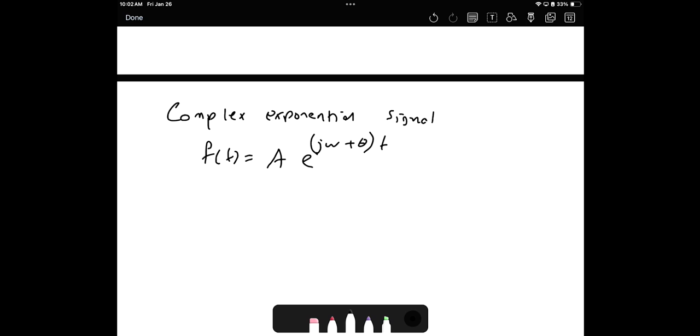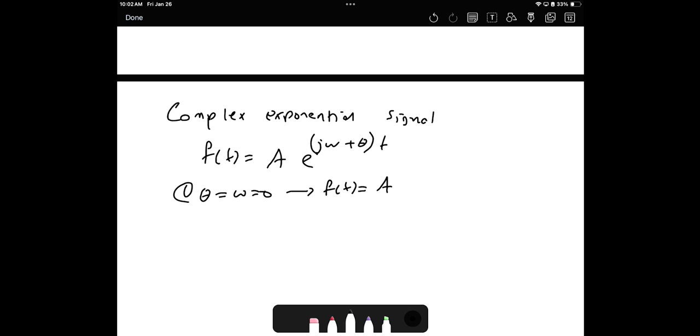Then now we have different cases. So first case, when both theta and omega equal 0, this yields f of t equals a, because e power j times 0 is equal to 1.